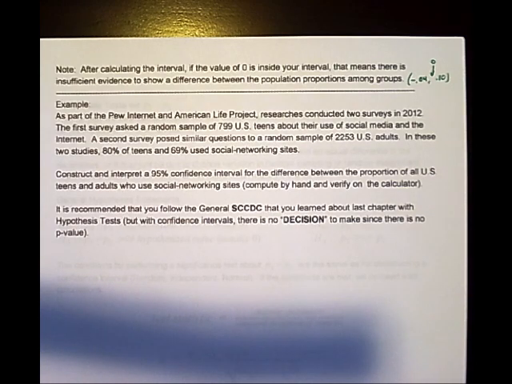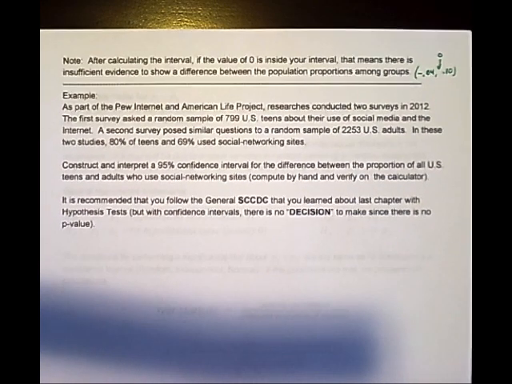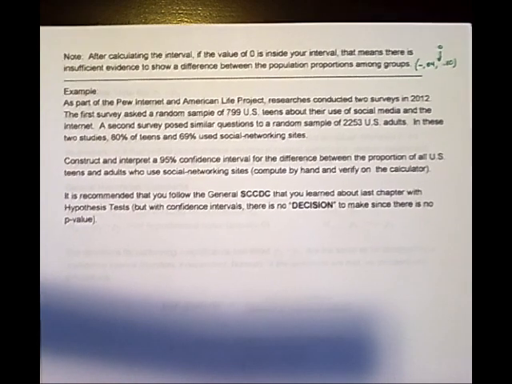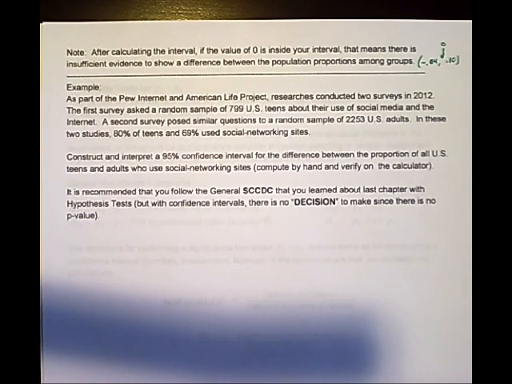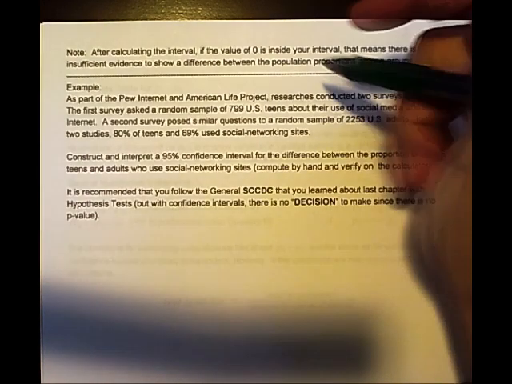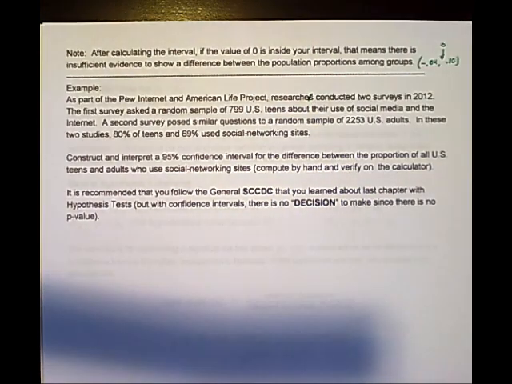All right, guys, let's do the example. It says, and this is part of the same example as we did in the previous chapter, as part of the Pew Internet and American Life Project, researchers conducted 2 surveys in 2012. The first survey asked a random sample of 799 U.S. teens about their use of social media and the internet.